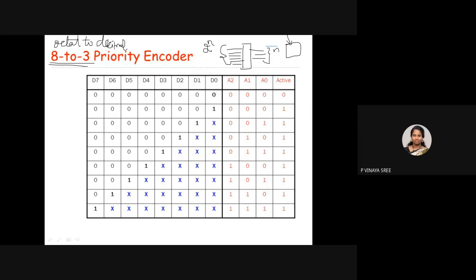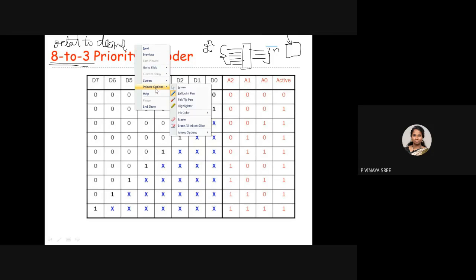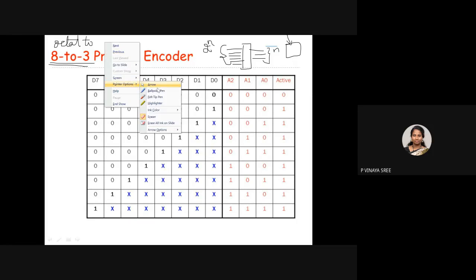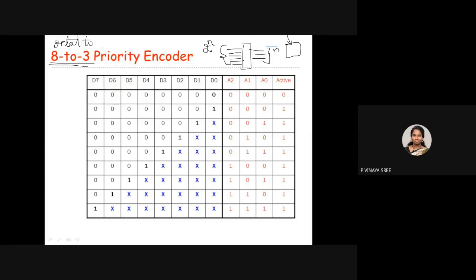Okay, not decimal, binary. So if it is binary, octal to binary. Octal representation in binary will be using 3 bits. So that's the reason the output is 3 bits.